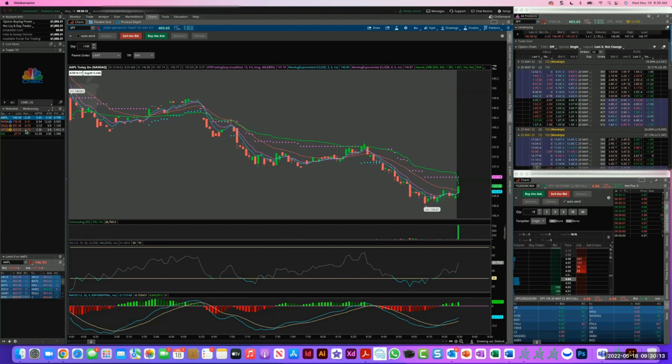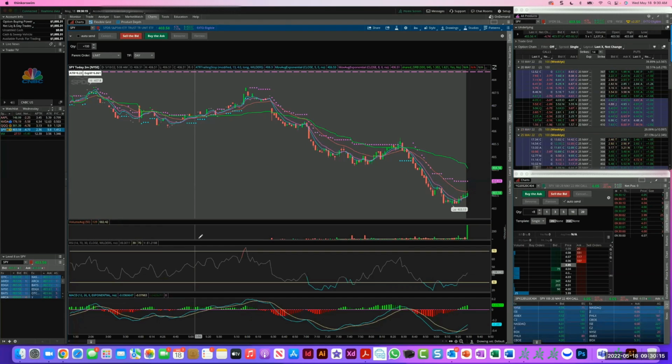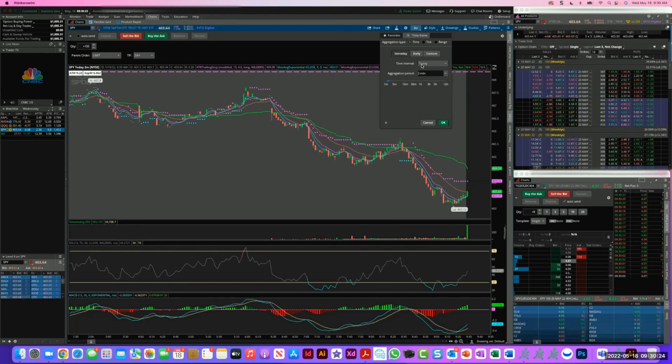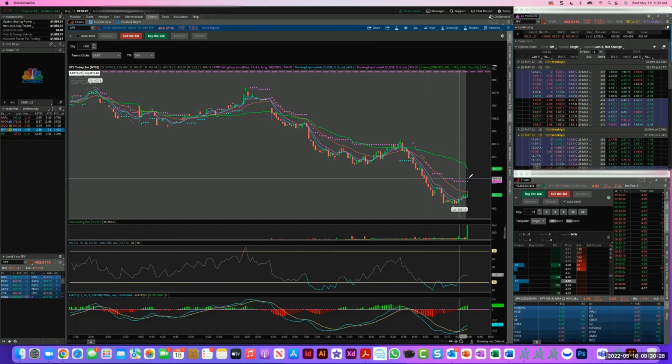And looking at SPY, not surprised by the move up. We're going to wait a little bit. We're not going to rush the move. We've got some resistance here at 404 on SPY.